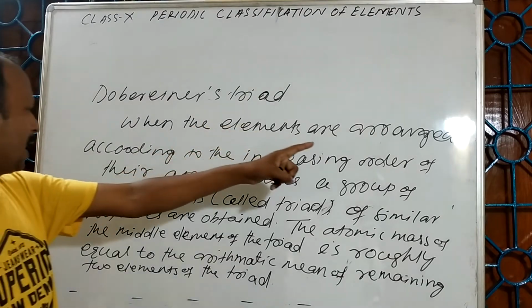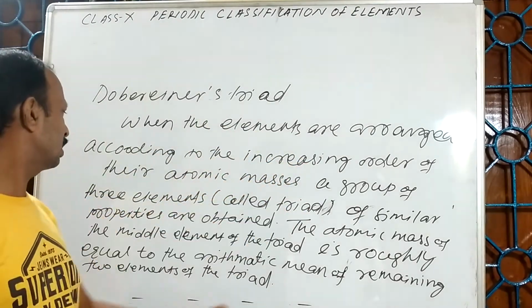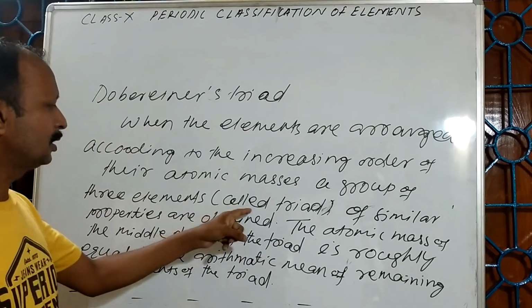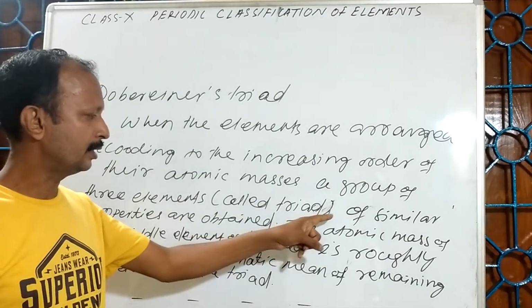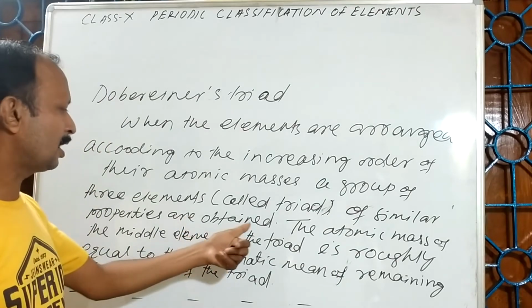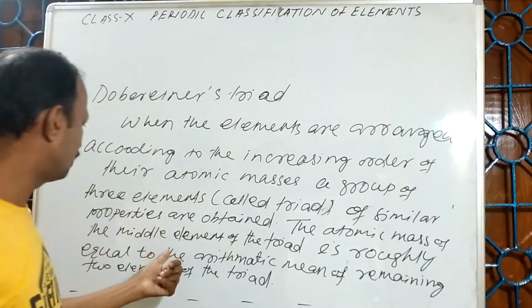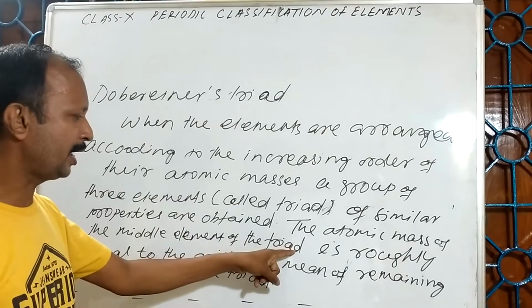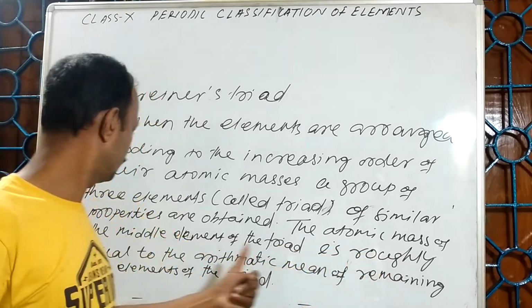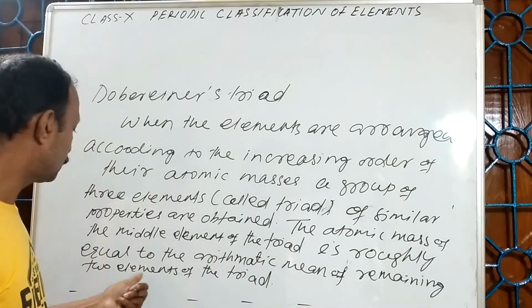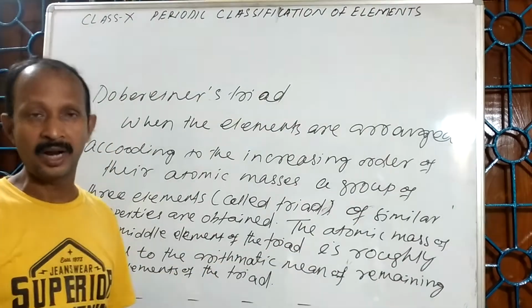When the elements are arranged according to the increasing order of their atomic masses, a group of 3 elements, what we say triad of similar properties, are obtained. At the same time, the atomic mass of the middle element of the triad is roughly equal to the arithmetic mean of remaining two elements of the triad.